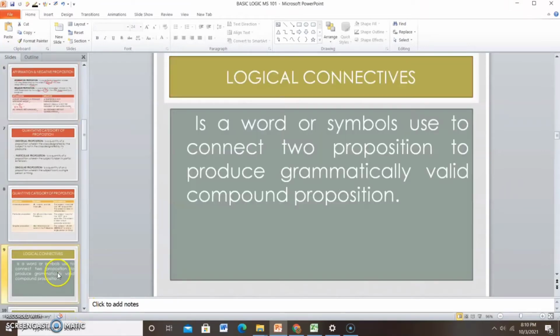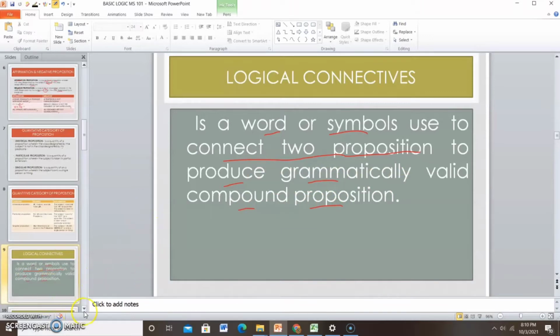Next are the logical connectives. A logical connective is a word or symbol used to connect two propositions to produce a grammatically valid compound proposition.